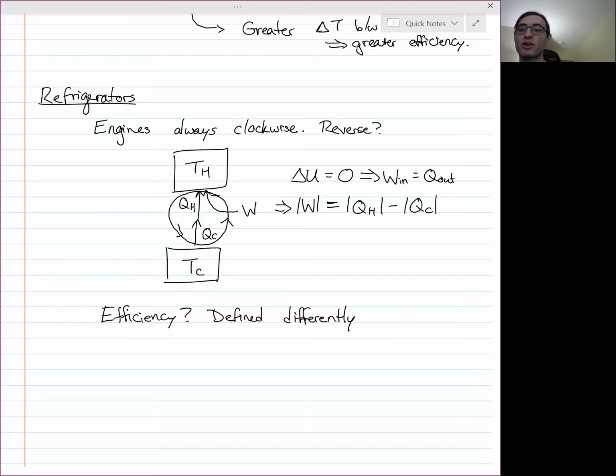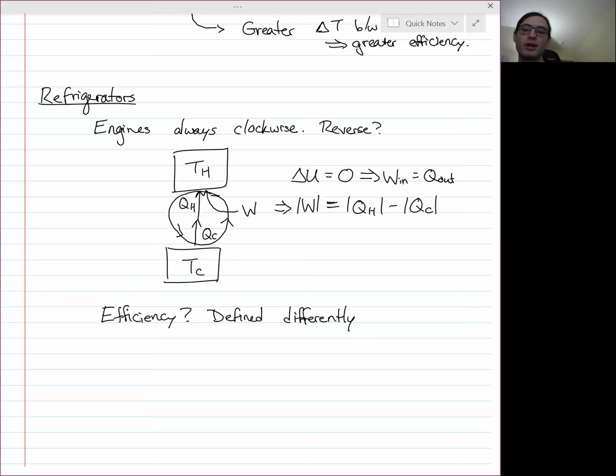So if we were to calculate efficiency in the same way that we calculate efficiency for an engine, we would get more than 100% efficiencies, which we try to not call efficiency at that point, because basically the idea here is, given some amount of input work, how much heat can you remove from your cold environment? That would be a good measurement. Yeah, it is actually because of entropy, and we'll talk about that in a little bit. The question is, say you input 5 joules of work into your refrigerator. How much can it cool off?